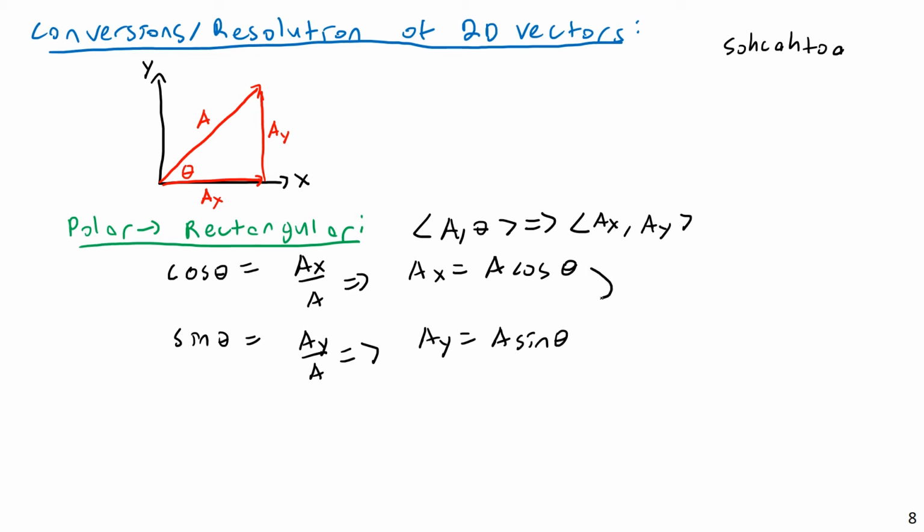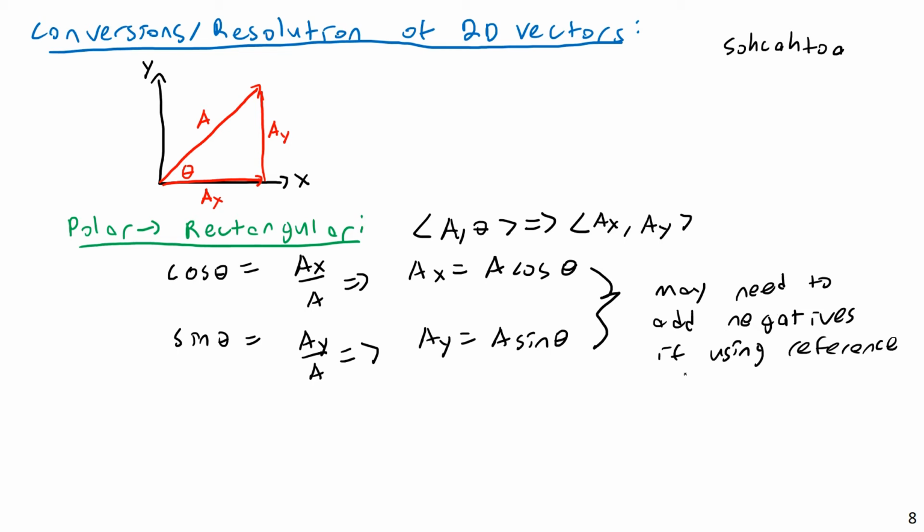And depending on what vectors you're using or what kind of coordinate system you're in, you may need to add negatives if using relative angles or reference angles. When I say reference angles, I'm talking about if you are just defining a vector off of the positive x-axis, the negative x-axis, or the positive and negative y-axis.